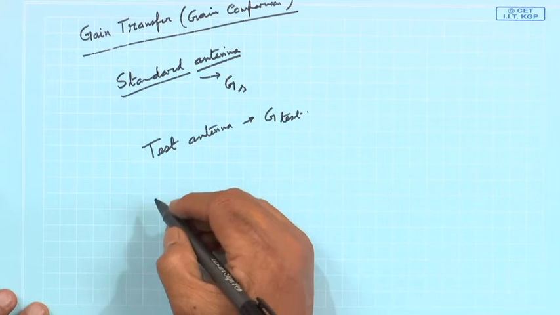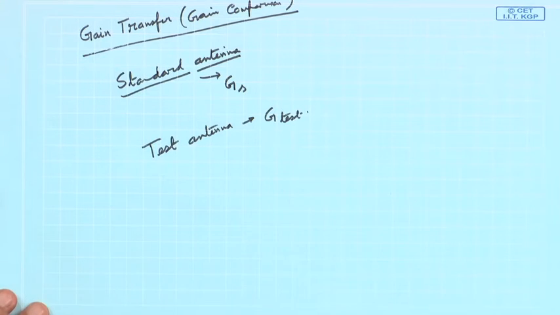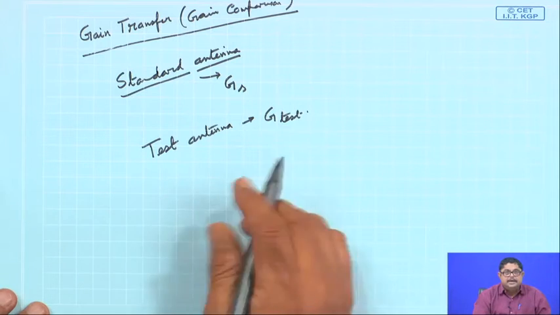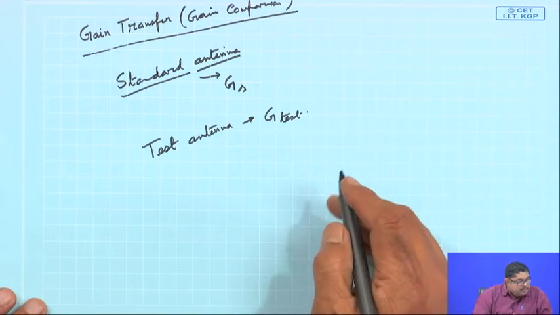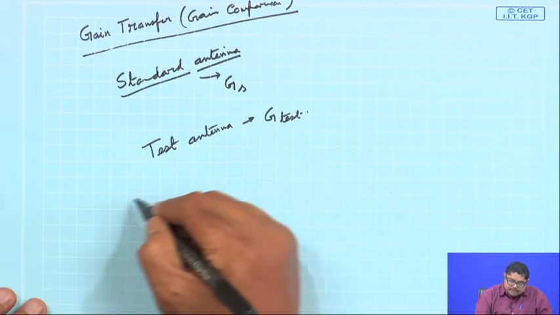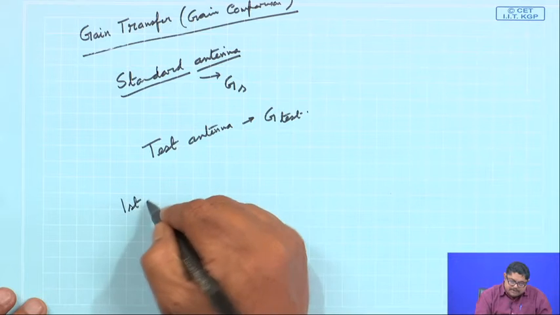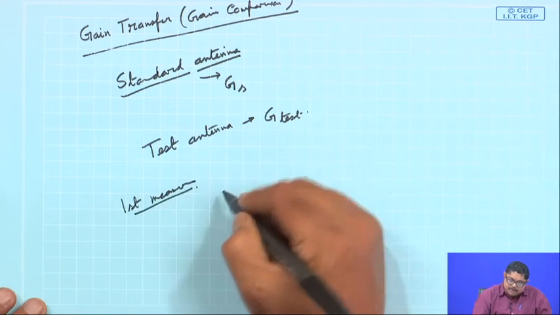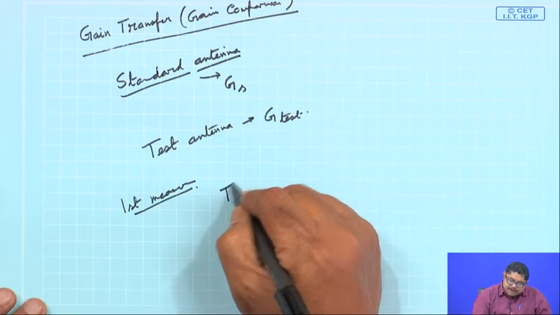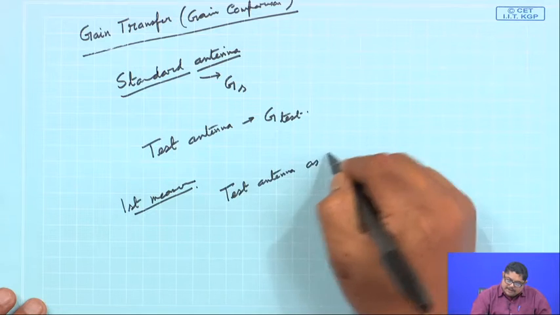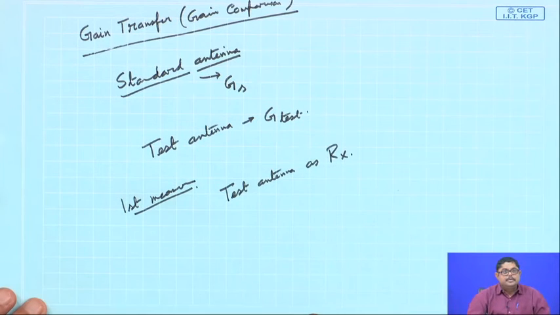You have the same instrument setup, with a transmitting antenna and a receiving antenna. In the first measurement, you put the test antenna as the receiving antenna.